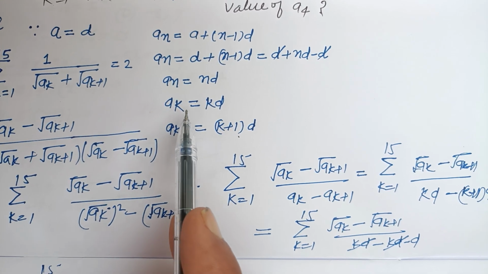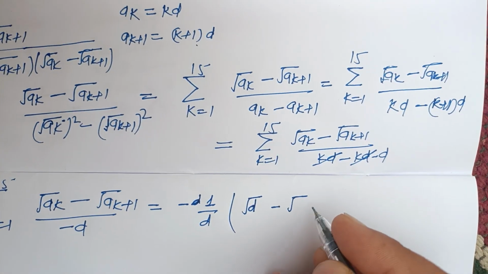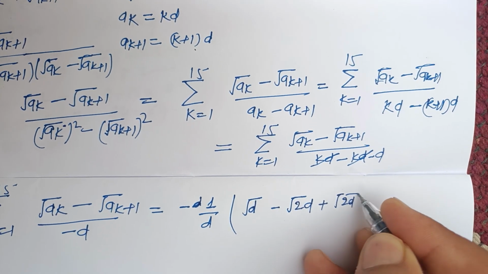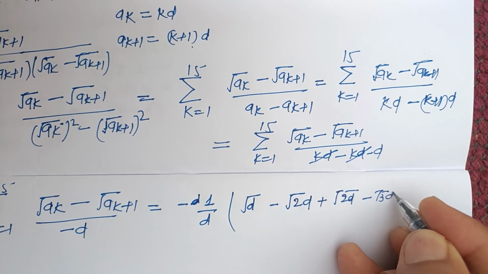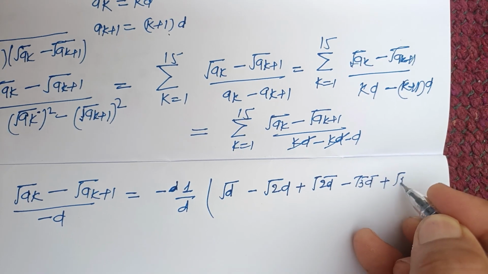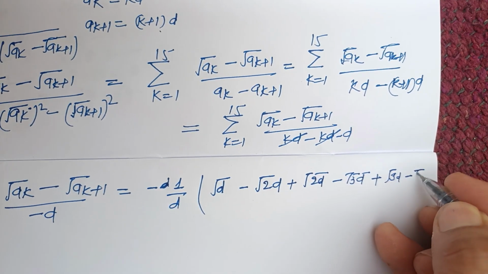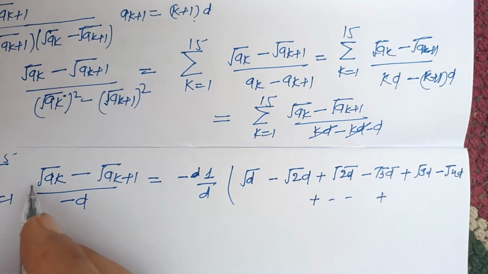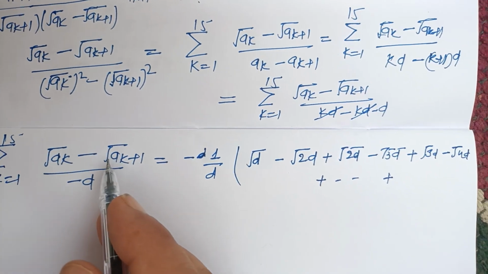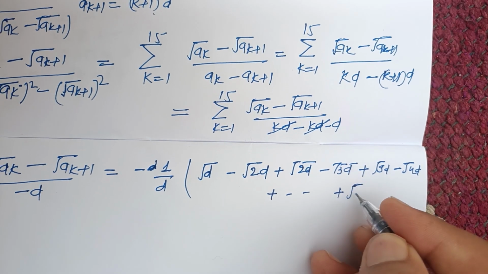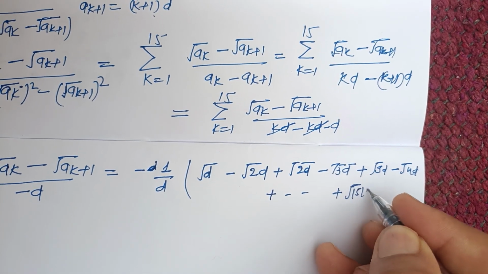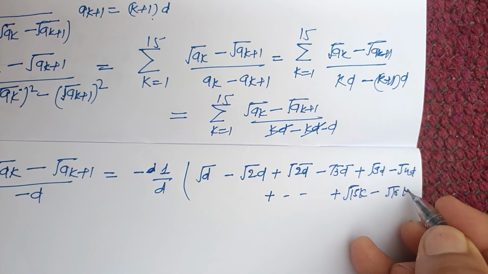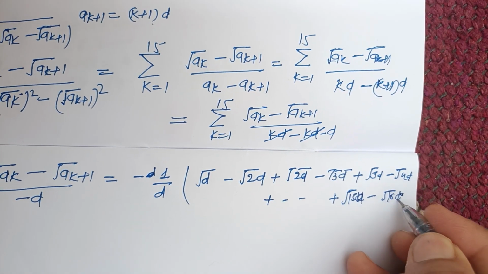When we put k equal to 2, we get root 2d minus root 3d, then root 3d minus root 4d, and so on. When we put k equal to 15, we got root 15d minus root 16d.